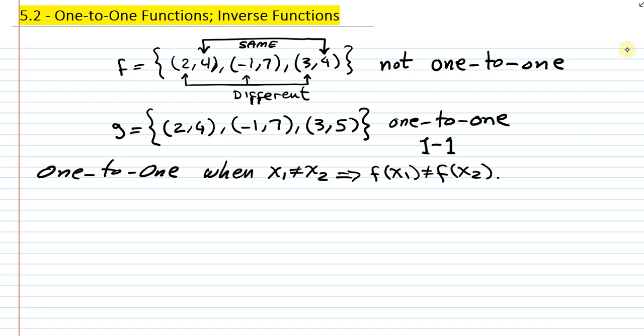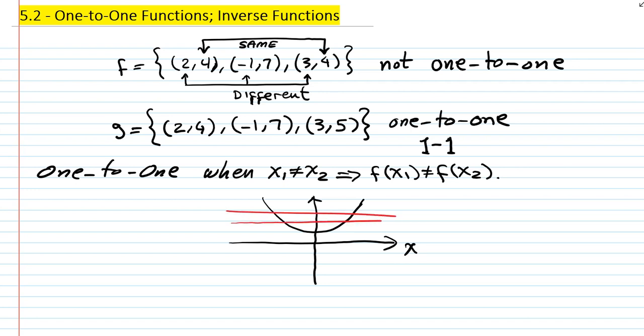Now, if we have the graph, by the way, what would this imply on the graph of a function? So let's say I have a function here. I have a parabola. It is a function. If we draw a horizontal line anywhere on the graph, it could be anywhere. But if the horizontal line crosses the graph of the function at 2 or more points, then the 2 points are collinear because they fall on the same straight line, right?